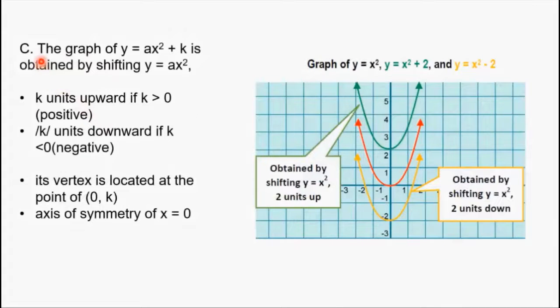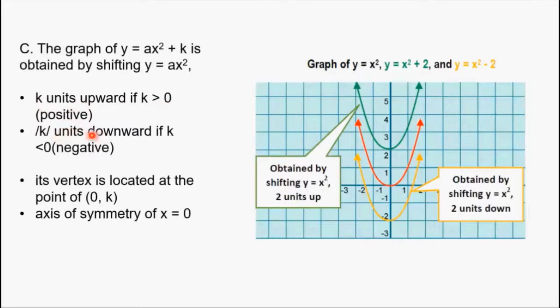Next natin is the graph of y is equal to ax squared plus k is obtained by shifting y is equal to ax squared. So again, ang reference naman natin dito ulit ay ang y is equal to x squared. So base dito, malalaman natin kung nag-shift ba pataas o pababa ang ating parabola base sa ating k. So, mag-shift siya upward if our k is greater than 0 or if k is positive.